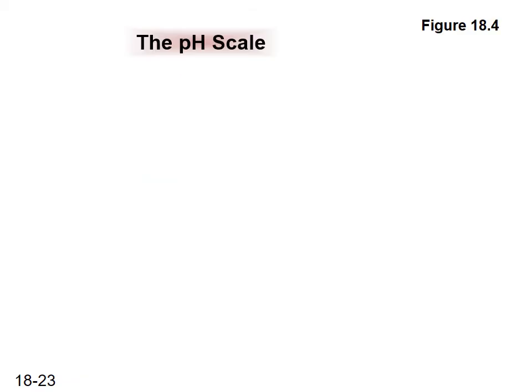In aqueous solution, the hydronium concentration or hydroxide concentration can change in a large range. For example, in pure water, the hydronium ion is 10 to the minus 7. As we already know, this is pure water. And in acidic condition, let's say here you have acidic condition, the hydronium ion may be 10 to the minus 2.